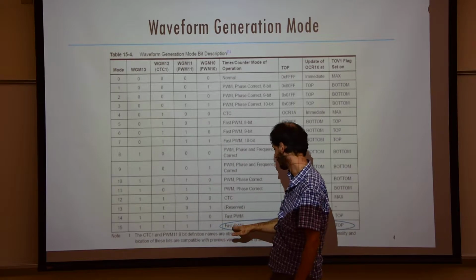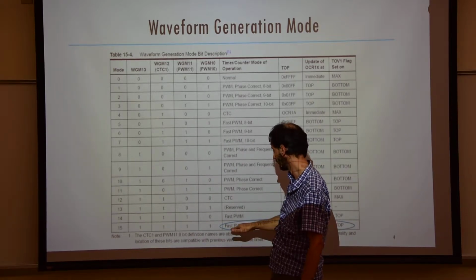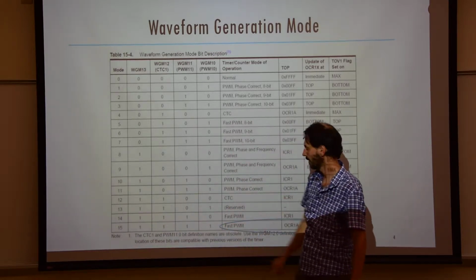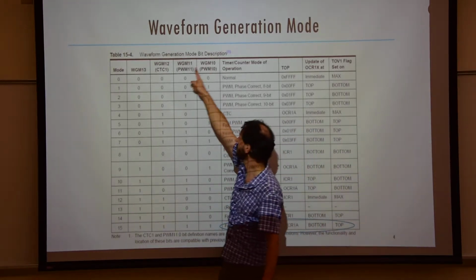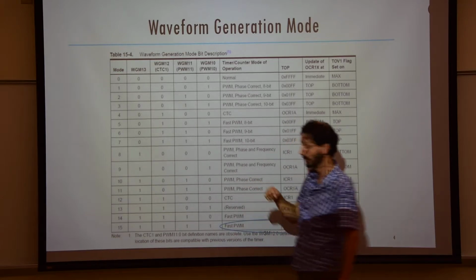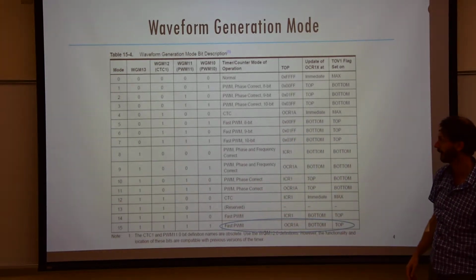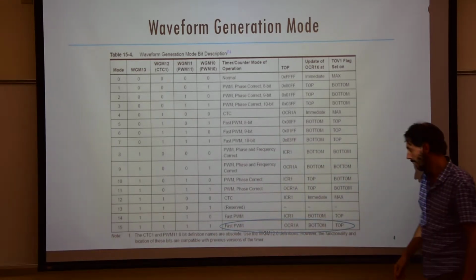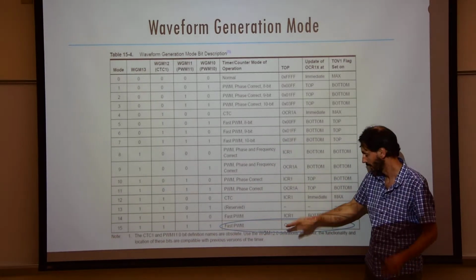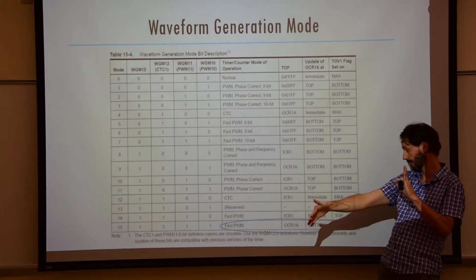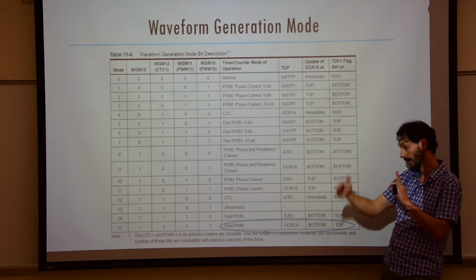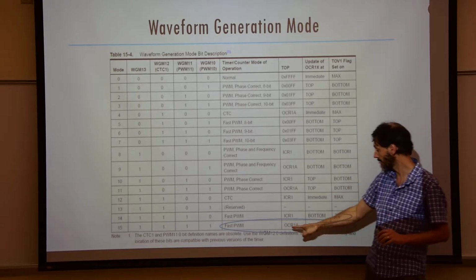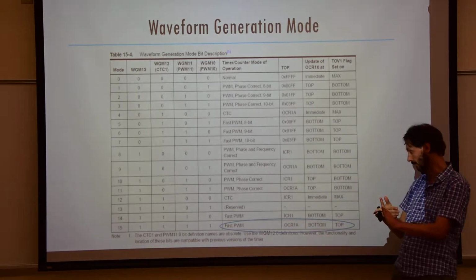And now we're talking about fast PWM. Now we need to set all those bits corresponding to these positions in that particular control register to 1, so four ones. Now the top, so the waveform that you're generating, the counter TC and T1, will continue till OCR1A, when it's cleared back to 0.